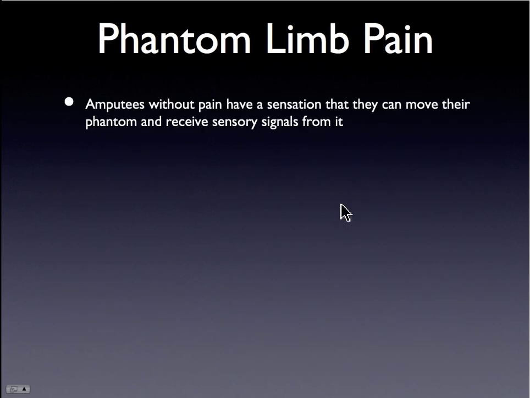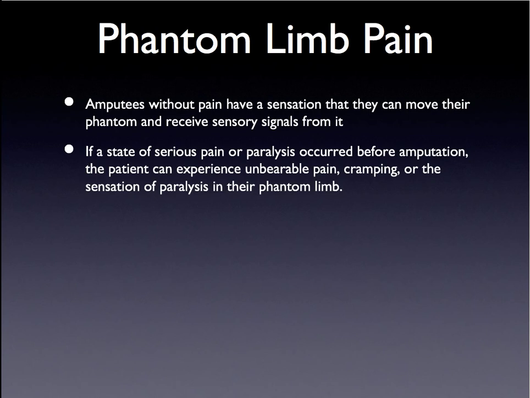The reason this is a serious issue is because we have phantom limb pain. Sometimes amputees can have a sensation of pain or cramping in this limb, and it's a very difficult problem because you can't amputate further. The limb is gone. They have a phantom sensation of pain.